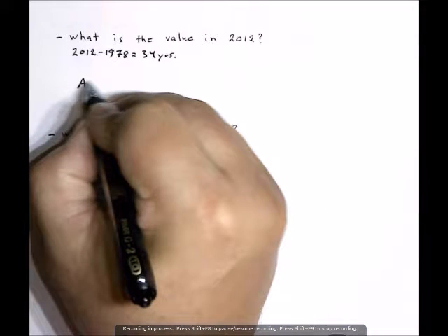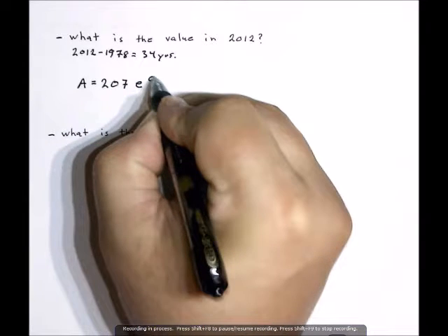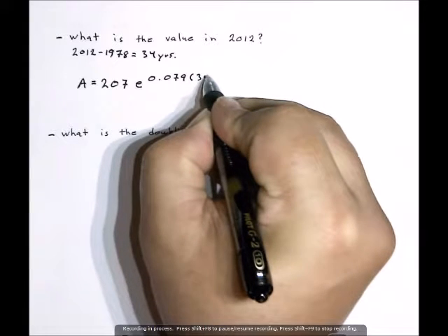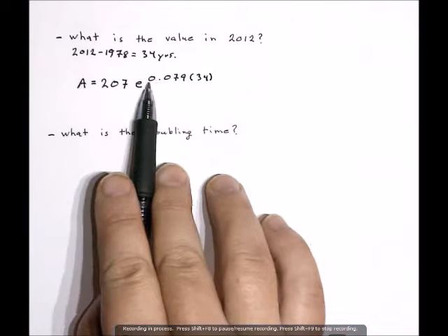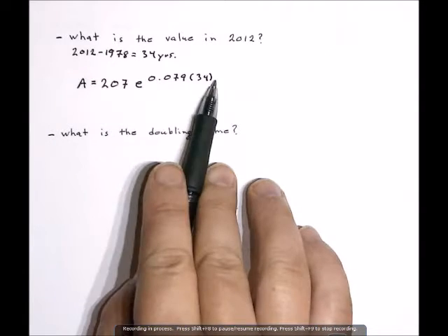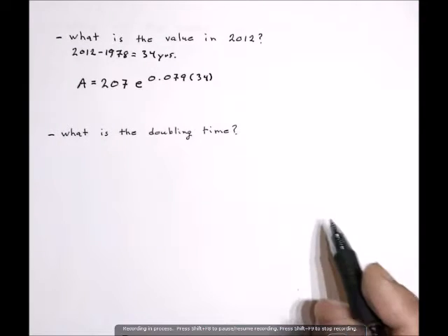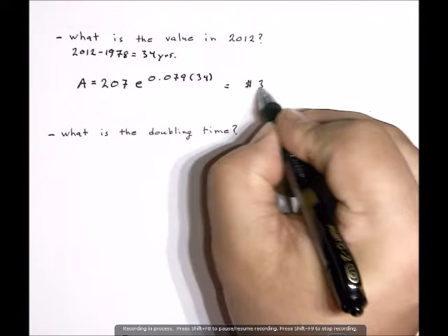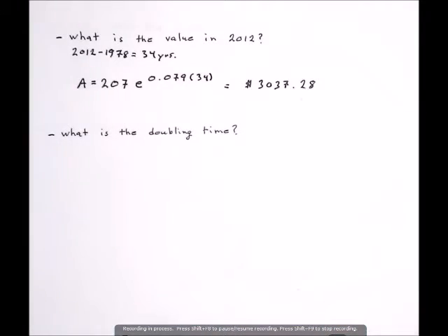So we had our exponential growth formula. We plug our 34 years in. And just remember, when you're plugging this into your calculator, make sure you have parentheses around the entire exponent, or you will get the wrong answer. And when you plug that into your calculator, you should end up with $3,037.28.